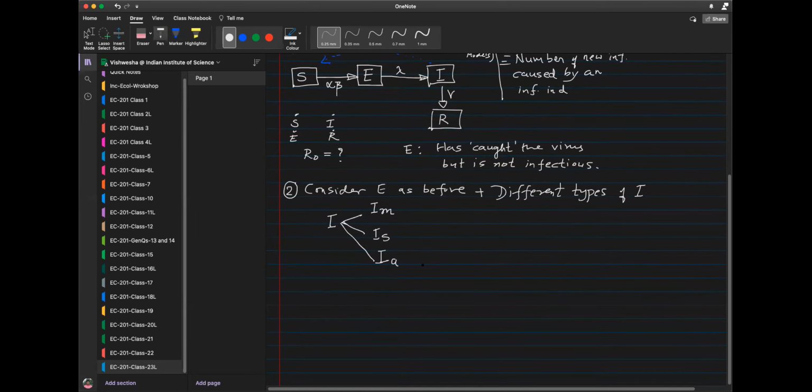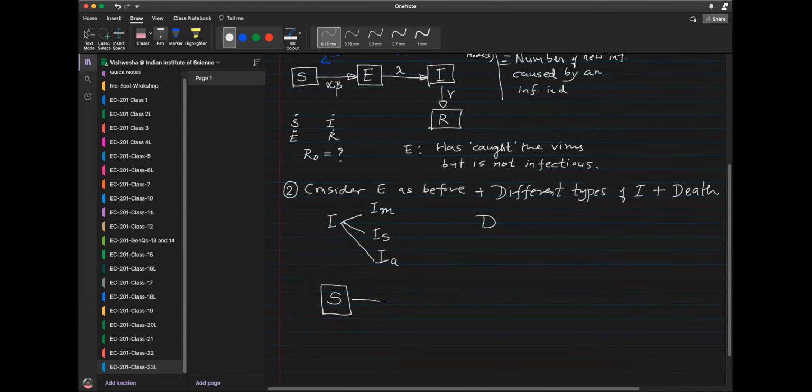Now that we are making this distinction, let us also incorporate death, a new compartment. Now, how will this look? There are many ways to model this, but so that we all have a common framework, let's think of it in the following way.